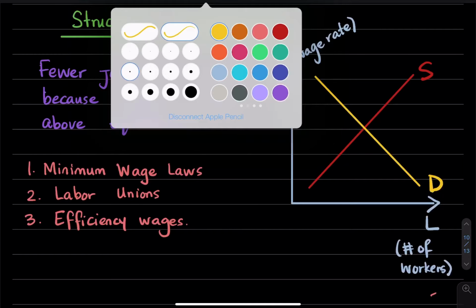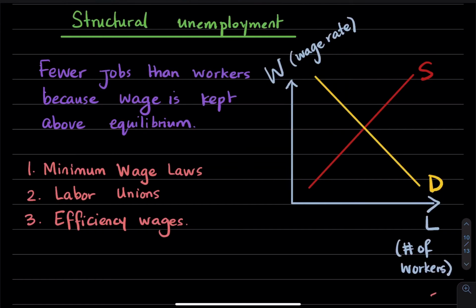Okay, and you have equilibrium attained when demand and supply are equal. So this is the wage rate, let's call it W star, that would clear the labor market. And in this case, no one is unemployed.